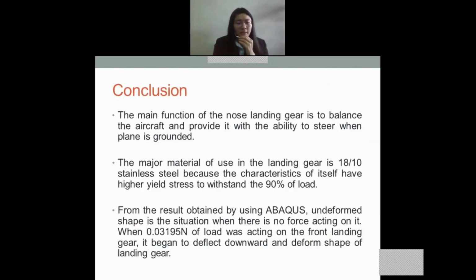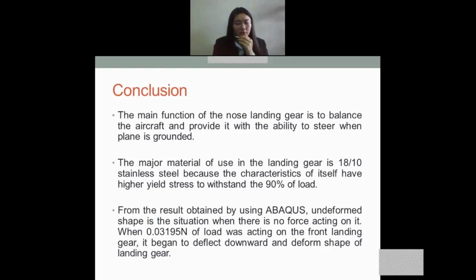As a conclusion, the main function of the nose landing gear is to balance the aircraft and provide it with the ability to steer when the plane is grounded. The major material used in the landing gears is stainless steel because it has a higher yield stress to withstand the 90% of load.